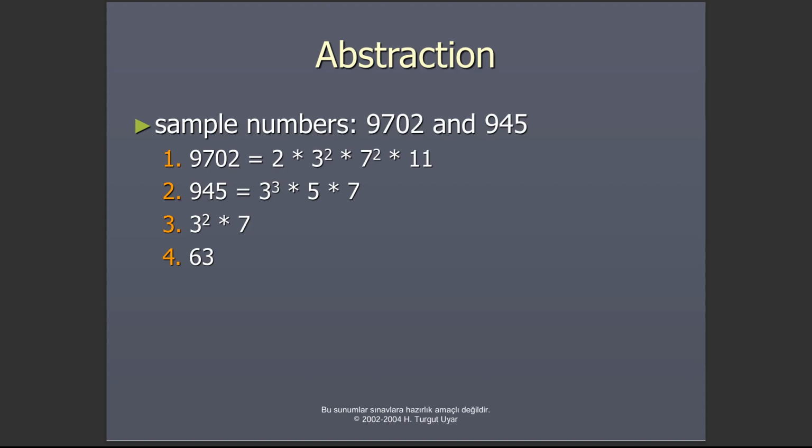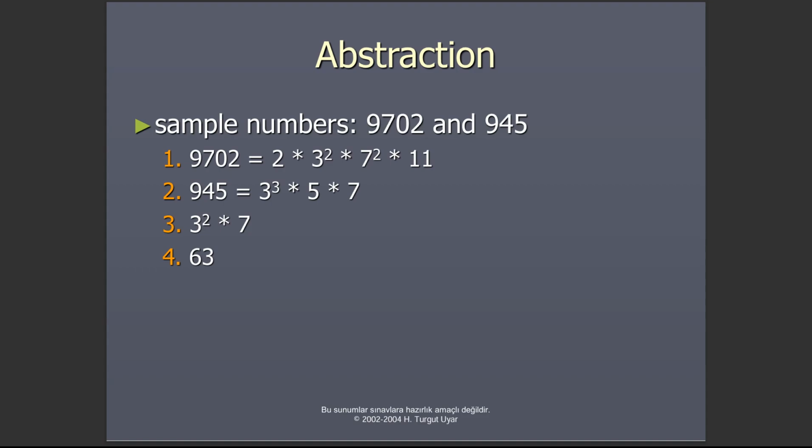Let's see how this works with real numbers: 9,702 and 945. Step 1: we break down 9,702 into its prime factors, which equals 2 times 3 to the power of 2 times 7 to the power of 2 times 11. And 945 equals 3 to the power of 3 times 5 times 7. Step 2: we break down the second number into its prime factors.